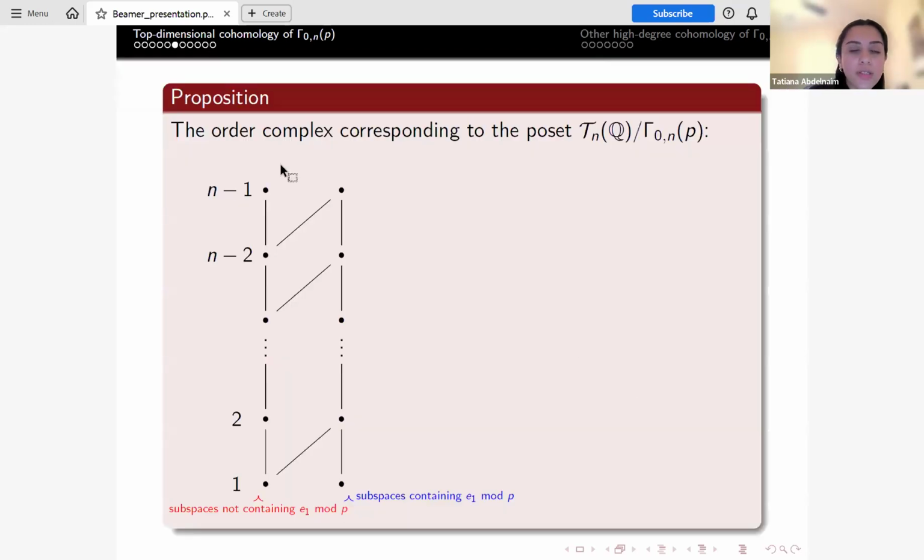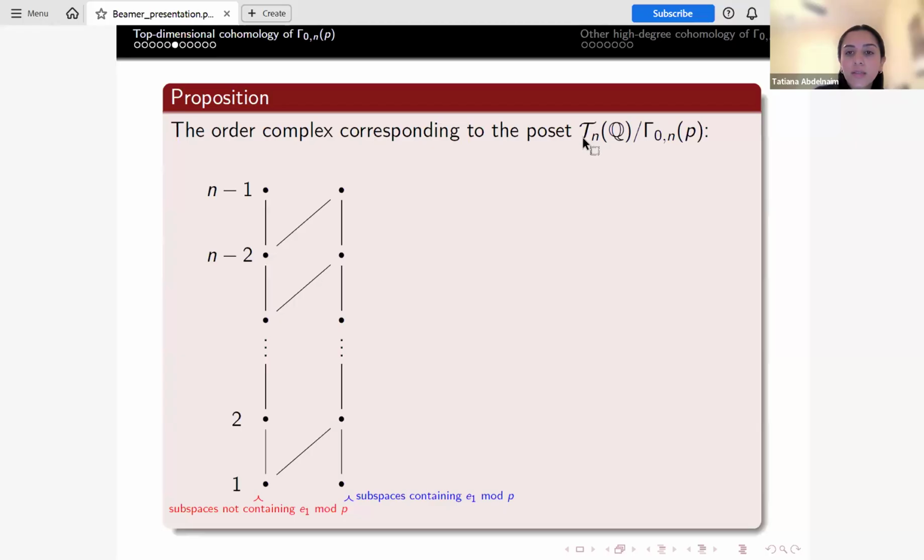So I'm going to consider the order complex corresponding to the poset Tits building mod gamma. Here I'm thinking of the Tits building as a poset, since I said earlier that it does come from a poset. So I'm thinking of the poset, and then I'm quotienting by gamma, and then I look at the corresponding simplicial complex.